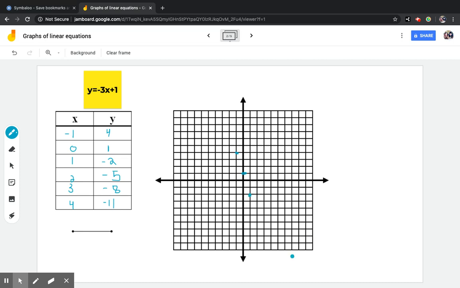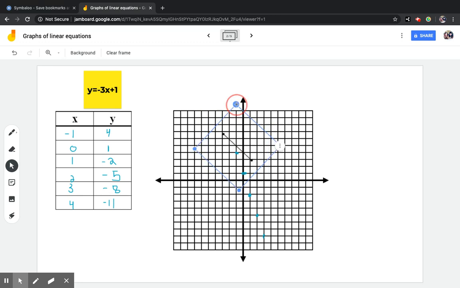All right, and just with those couple points, I should be able to figure out exactly where my line is going to go. Over 1, down 3. 1, 2, 3. Over 1, down 3. 1, 2, 3. All right, now match my line up.